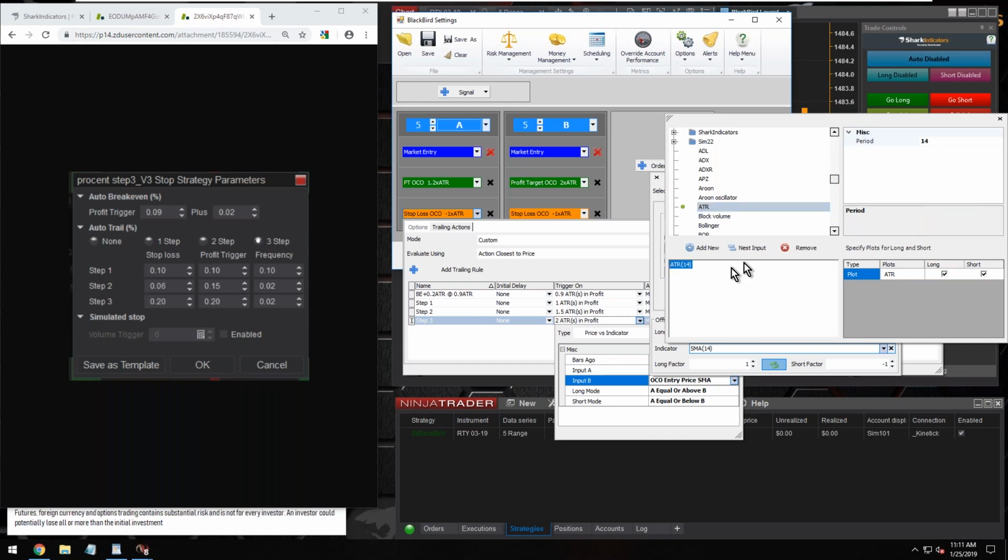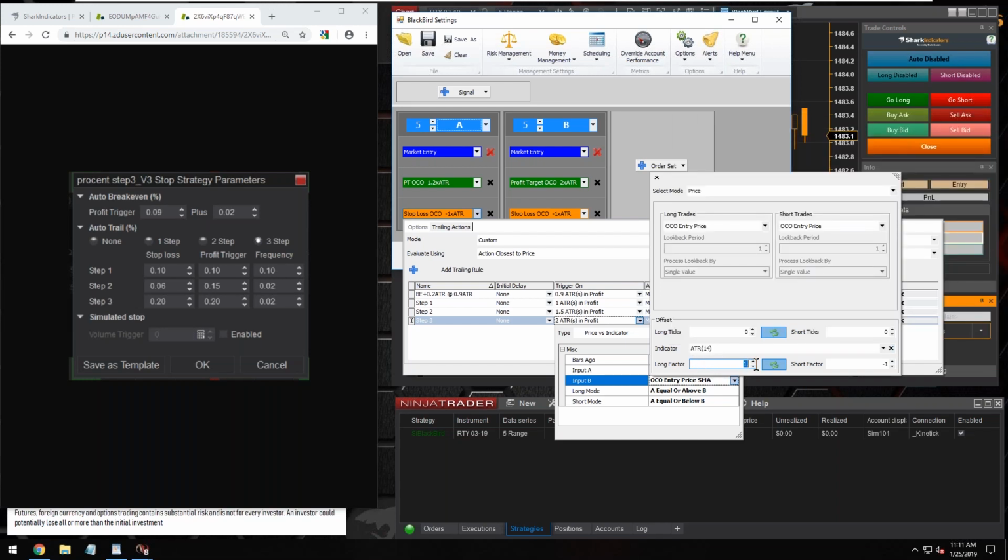I imagine you'd have to have some kind of parameters here to give yourself a base point to calculate the percentage from. So anyways, you put your percentage indicator in there, and then set the long factor.